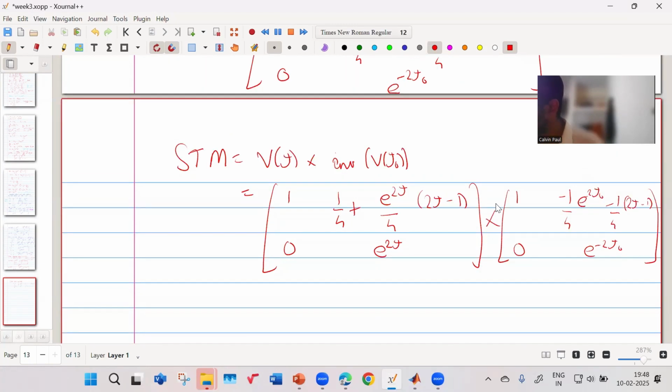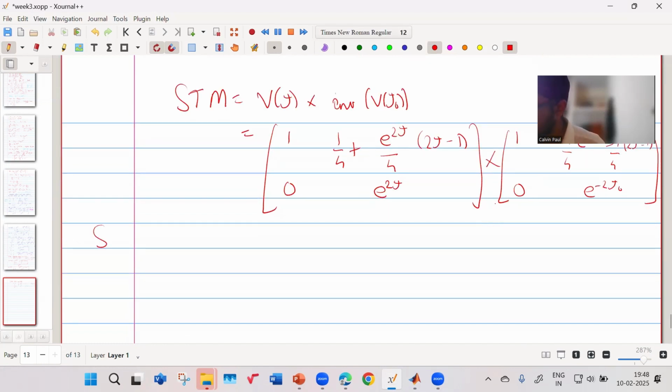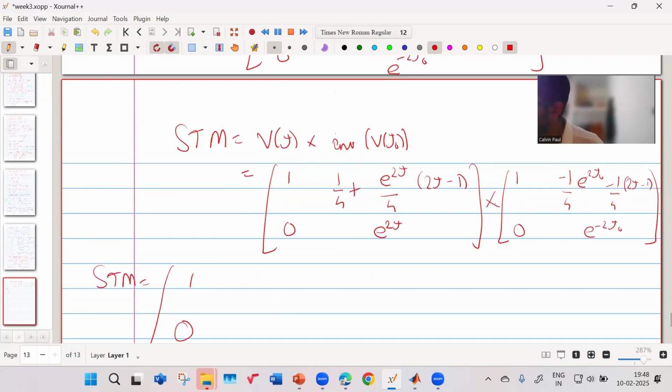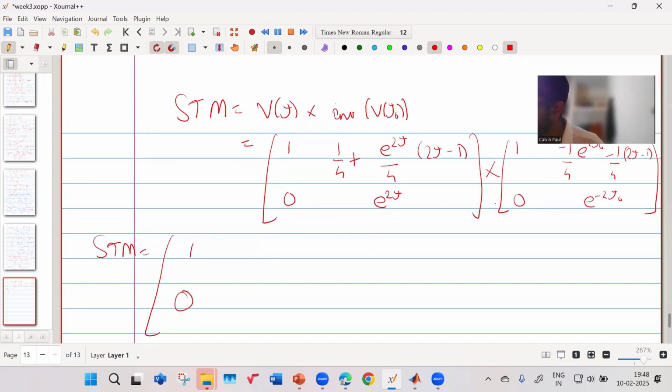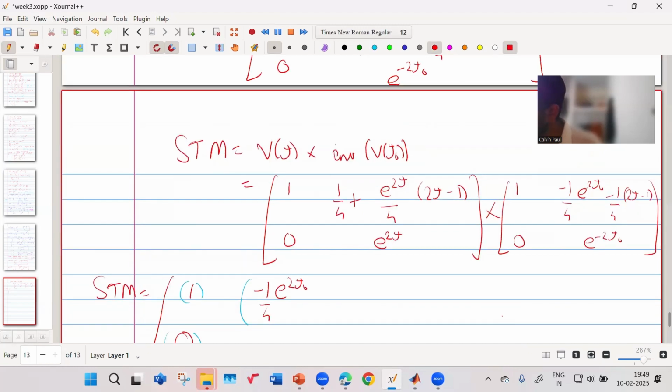Now we have to do this calculation, so that our state transition matrix will be equal to 1. So 1 into 1 is 1 and this into 0 is 0. So 1. Similarly, 0 into 1 is 0 and e to the power 2t into 0, so this is also 0. Now the trick is 1 into this and this into this. So 1 into this will be minus 1 by 4 e to the power 2t0 minus 1 by 4 into (2t minus 1), right?